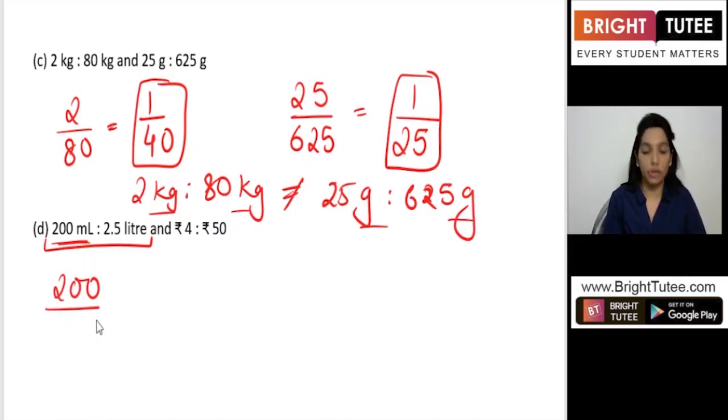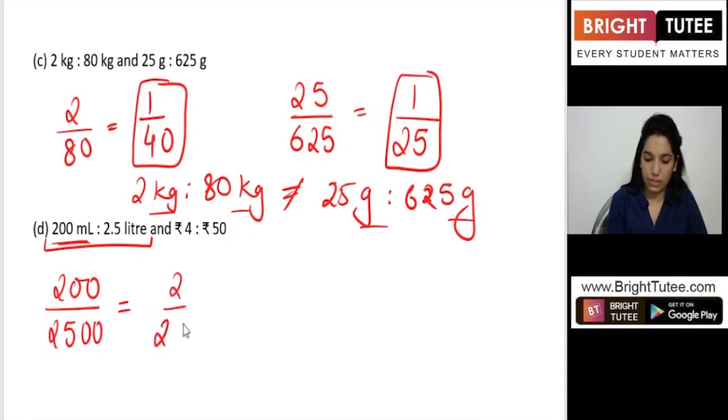So what do you do in order to convert from liters to milliliters? In 1 liter we have got 1000 milliliters, right? So we need to multiply 2.5 by 1000. It will give 2500. Let us simplify this. It will give 2 over 25.